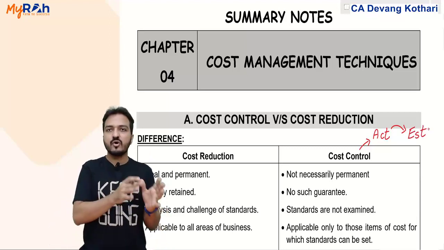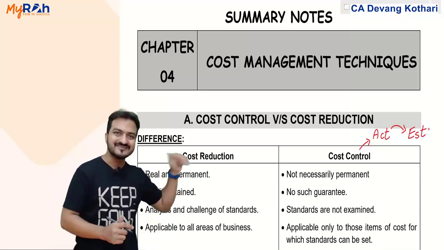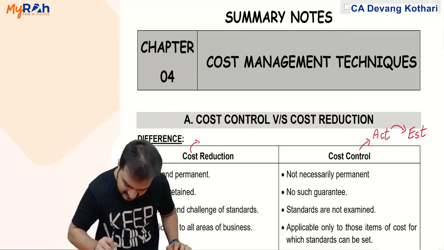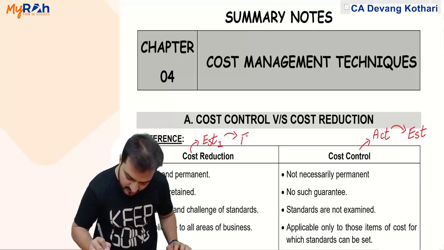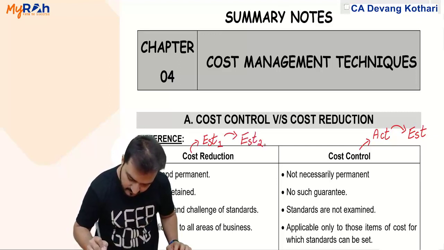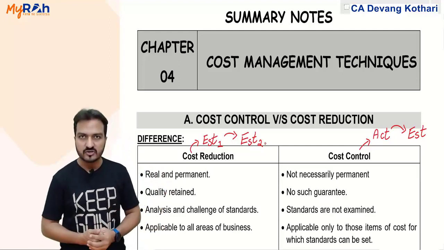You want to bring your actual cost down till the estimate, that is called as cost control. While cost reduction means what? Cost reduction means that you wish to bring your estimate down to another estimate. You want to bring from estimate 1 to estimate 2. That was called as cost reduction.